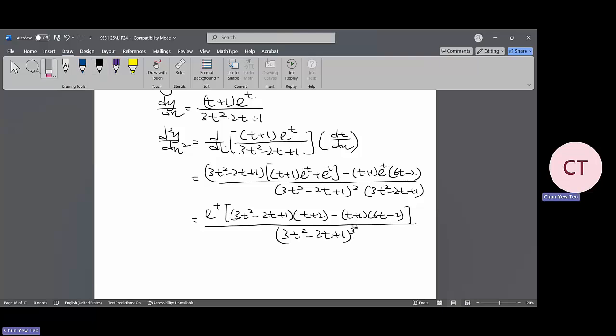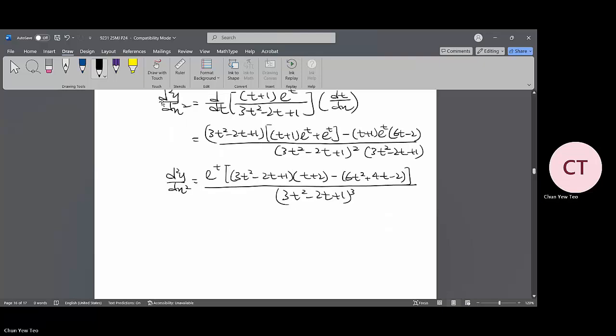So over here I have 6t squared plus 4t minus 2. This one I expand, making it 6t squared plus 4t minus 2. Okay, that is your d squared y over dx squared.